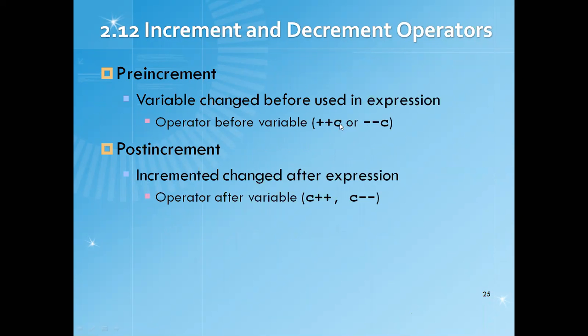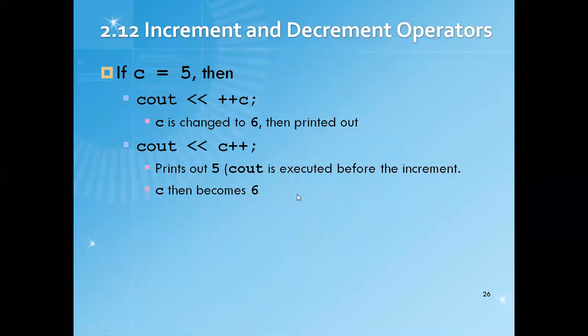If you put the plus plus or minus minus before the variable, this is called pre-increment. What is pre-increment? It means they will accomplish things before the assignment. With post-increment, you do something, then after that the assignment. So if you print out, I mean cout, the pre-increment plus plus C, at first C is 5.